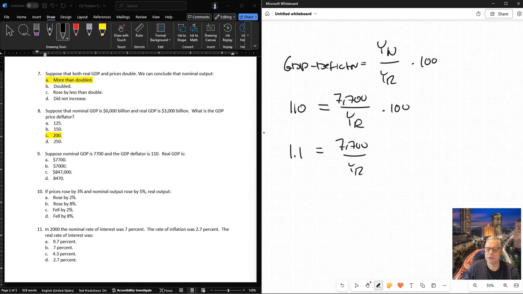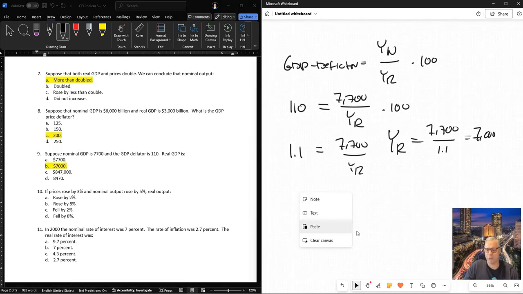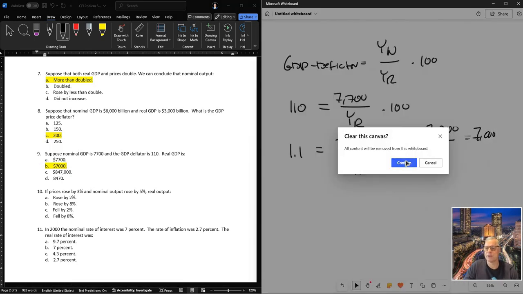Okay, so now I multiply both sides by YR and divide by 1.1, and then I get real output equals 7,700 over 1.1, which is 7,000. Okay, so those are just pretty straightforward applications of some formulas.